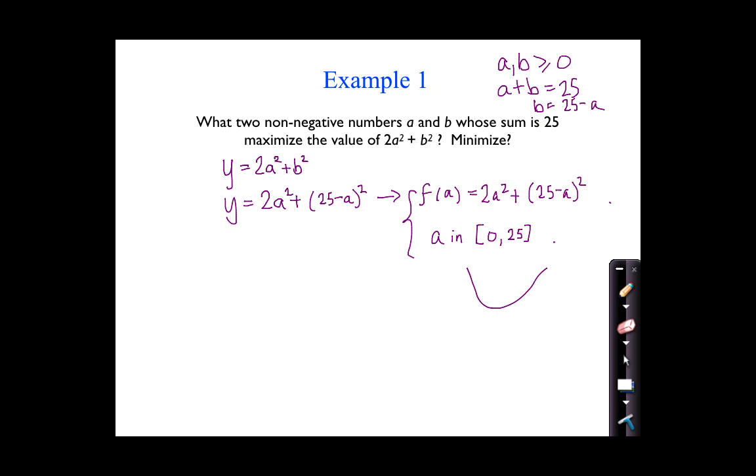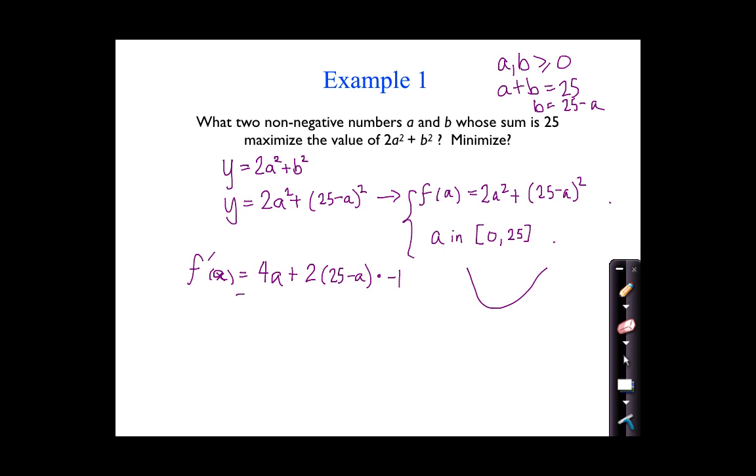That'd be the minimum. But let's take a look at f prime of a, to see where the derivative is 0. It should be a linear function. It's a little bit messy right now, but without doing a lot of algebra, I can say for the 2a plus chain rule, 2 times that, all to the first power, and then times the derivative of the inside: 2 times 25 minus a to the first power times negative 1.